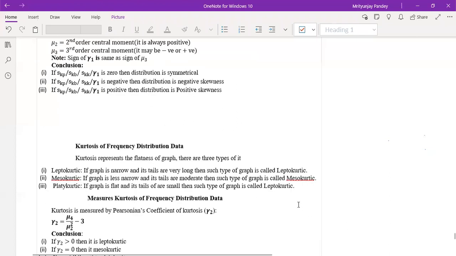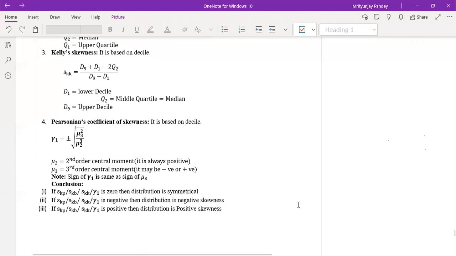Now the next formula to calculate skewness is the Pearsonian coefficient of skewness, based on the moment. This is based on moment, not based on decile. And how to calculate mu2 and mu3, I already taught in the morning session.